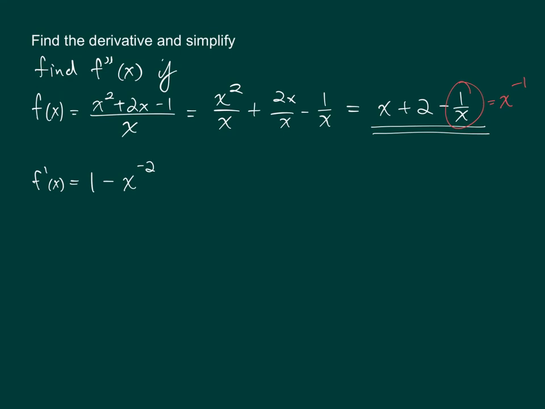So the second derivative of this, the derivative of 1 is 0, and the derivative of negative x to the negative 2 power is positive 2x to the negative 3 power, which can be rewritten as 2 over x cubed. So here is your second derivative for this original function.